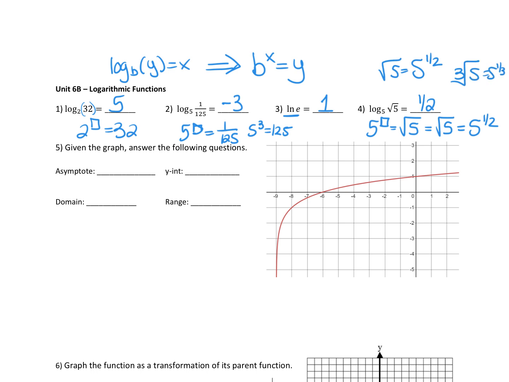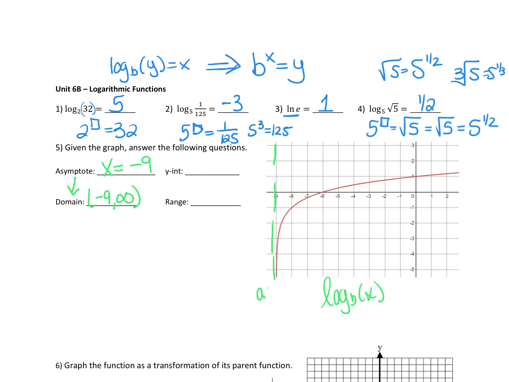All right, so let's use this with our graph. I can see that my graph flattens out here. So our log graphs, this is a log graph with a base, is always going to have an x equals asymptote. So in this case, it's x equals -9. Since my asymptote is x equals, it's going to impact my domain.